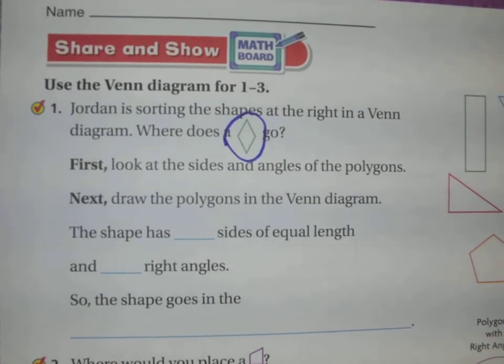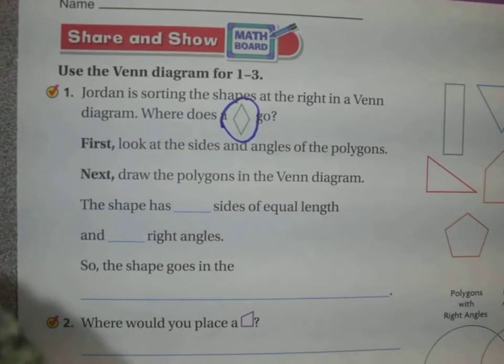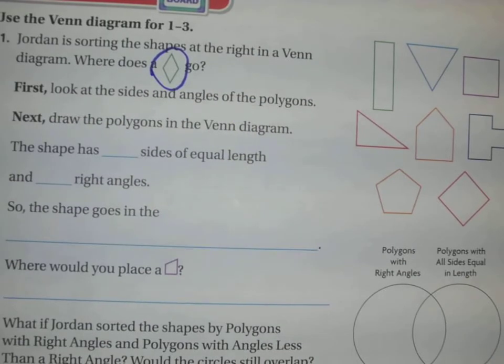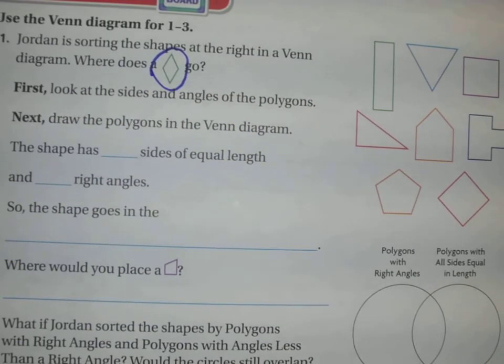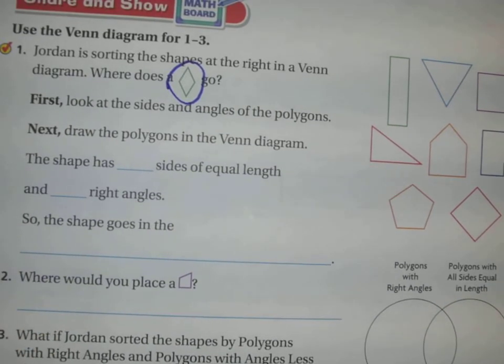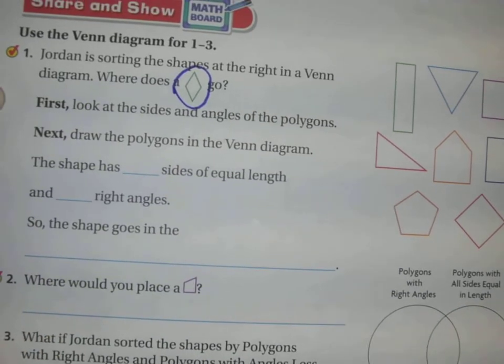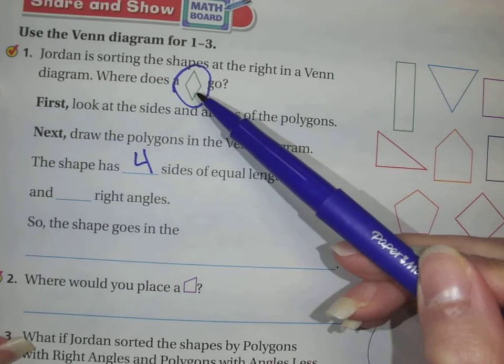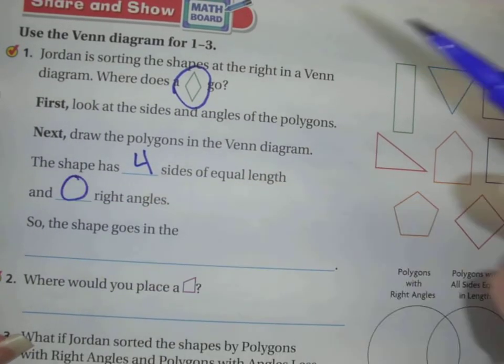Well, first let's look at the sides and angles of the polygon. Okay? If you look closely at that shape, how many sides of equal length? 4. And how many right angles do you see in this shape? None. So I'm going to put 0.